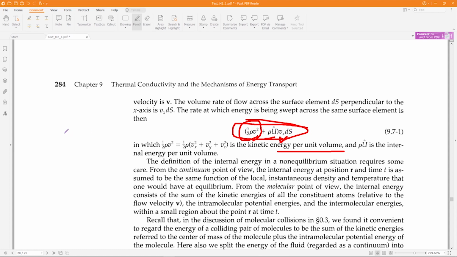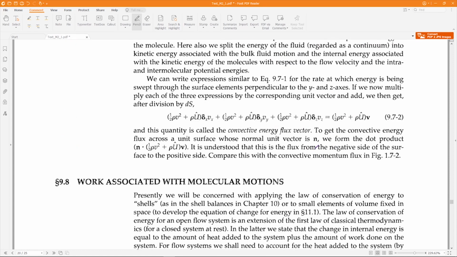And dA is the surface you have taken, over which you are calculating the heat flux. Okay, so this is the convective mode of transfer. This is the formula. In the other directions, you simply replace vx by vy and vz.